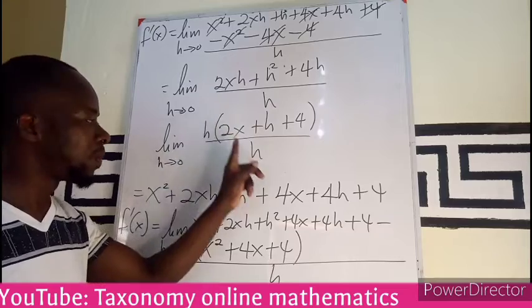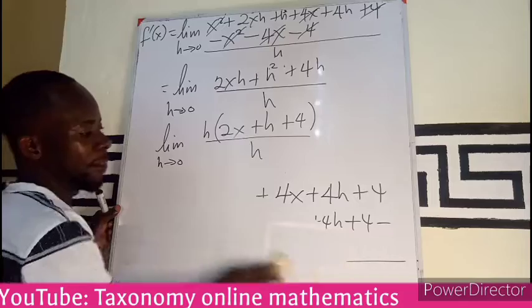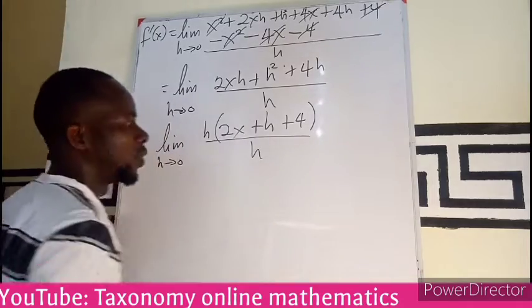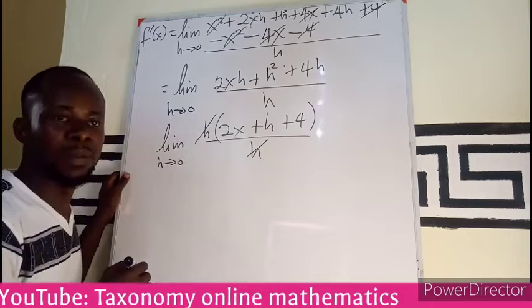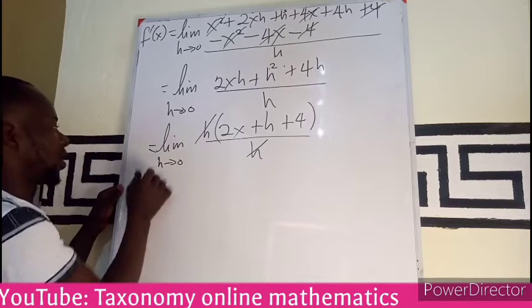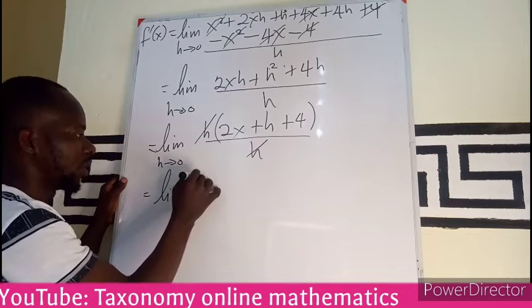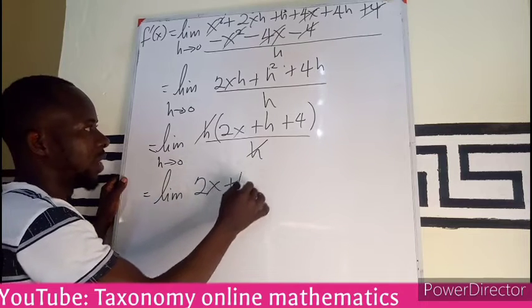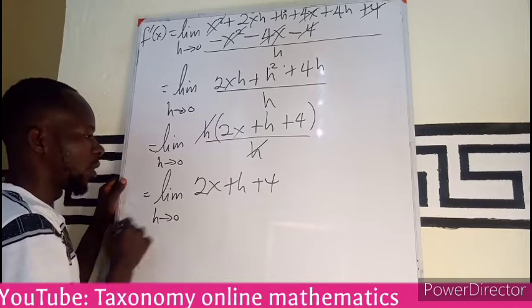The numerator has h, then the denominator also has h. So what do we do from here? We have to cancel them out. So this will cancel this. So our limit is just going to be 2x plus h plus 4 as h approaches what?